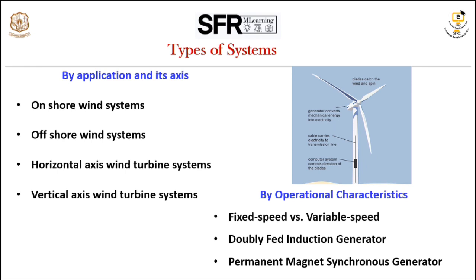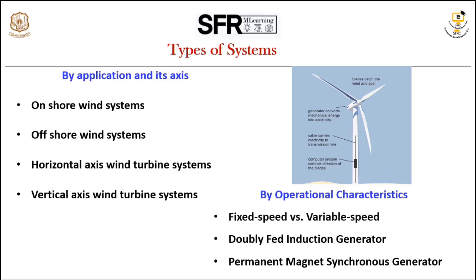The second one is vertical axis wind turbines, named as VAWT. It features a vertical shaft, allowing the generator to be mounted at ground level for easier maintenance. It is often used in smaller or specialized applications.